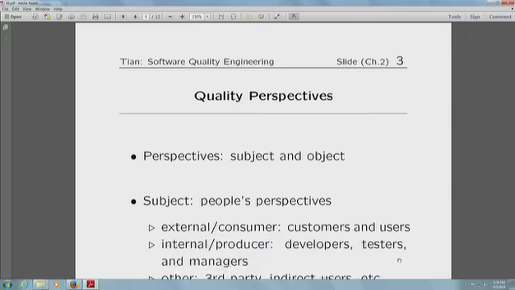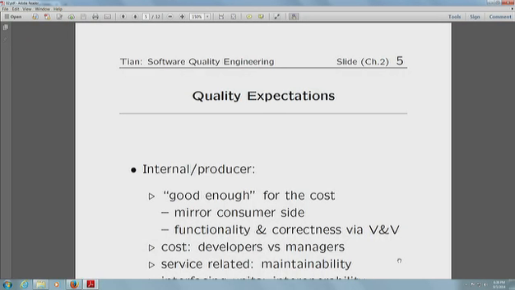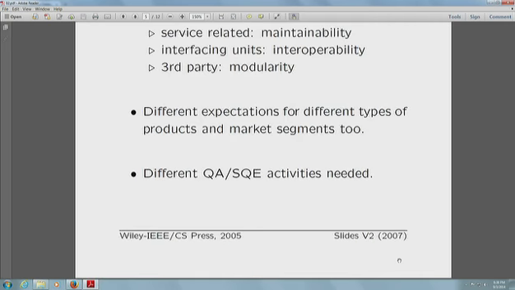Okay, so we will be focusing on two of the main expectations from two perspectives. One is the internal producer's perspective, one is the external customers', users' perspective. Okay, and we talked about that.